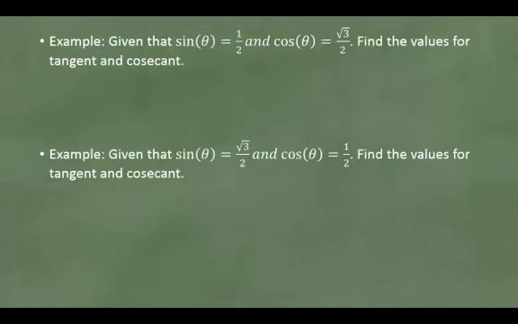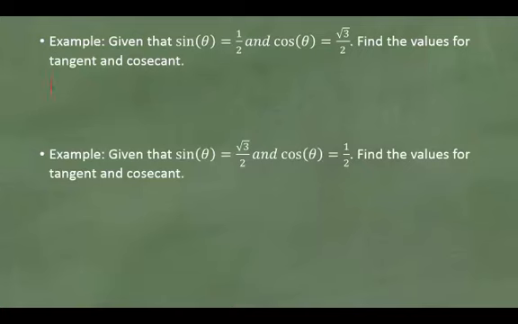Alright, so given that sine theta is 1/2 and cosine theta is equal to square root of 3 over 2, find the value for tangent and cosecant. Well, this shouldn't be too bad, but maybe I should draw this out. Sine theta is 1/2.